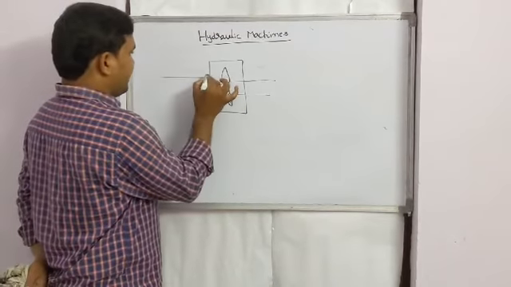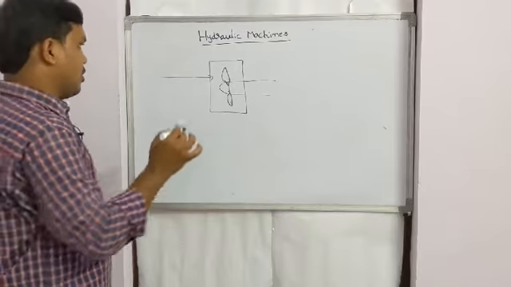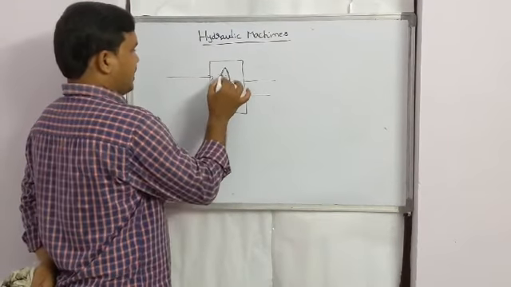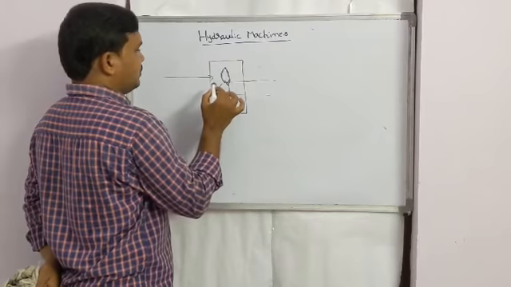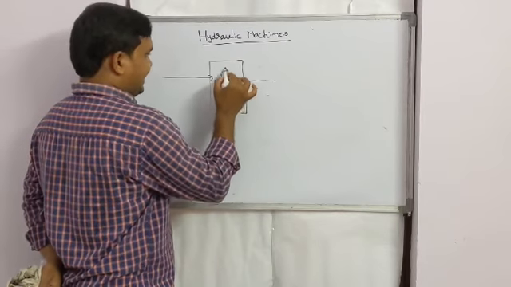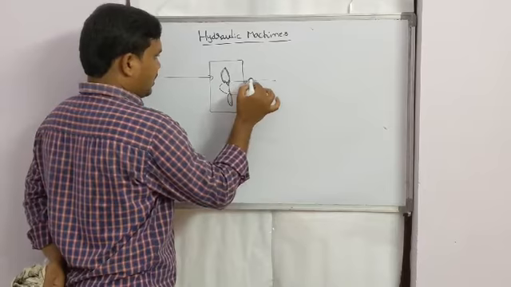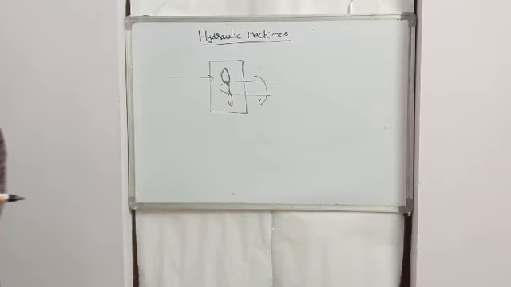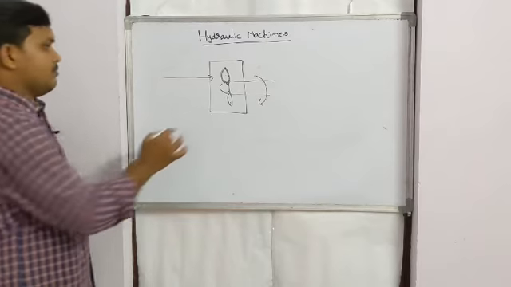When the fluid coming from the higher head or nozzle strikes this blade, it tries to move, and the shaft rotates. So this is just the principle of a hydraulic machine.